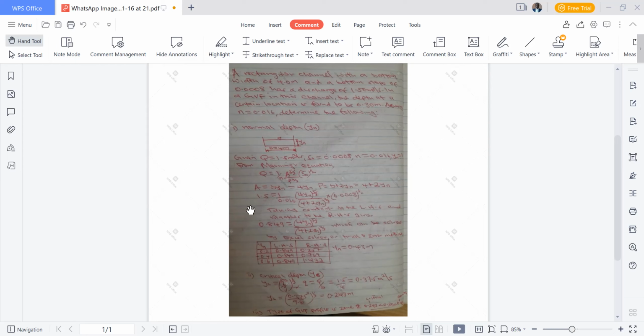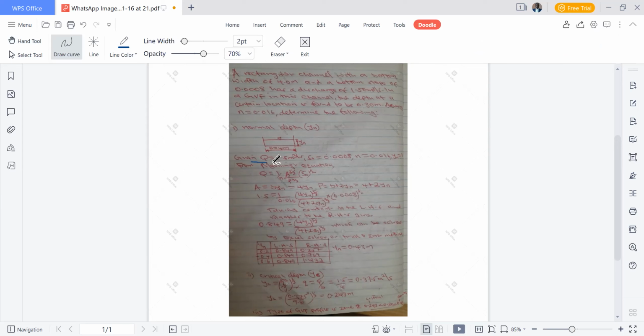From the question here, we've been given Q equivalent to 1.5, the bottom slope, which we denote as S naught, equivalent to 0.008, and Manning's coefficient, which we call n, is given as 0.016. Now we have to compute the value of Yn, the normal depth.